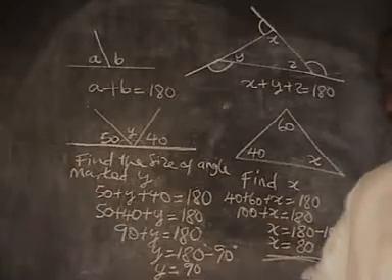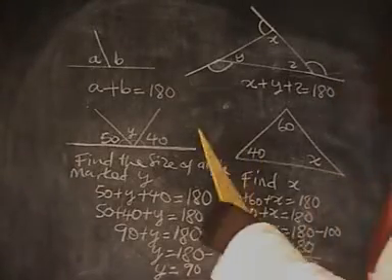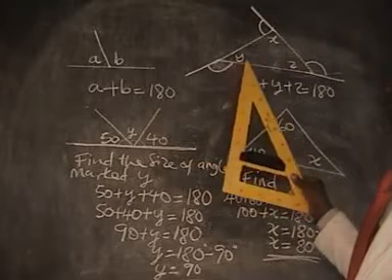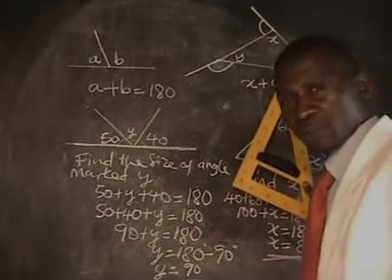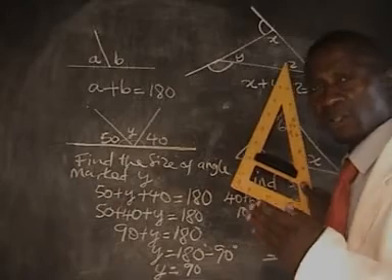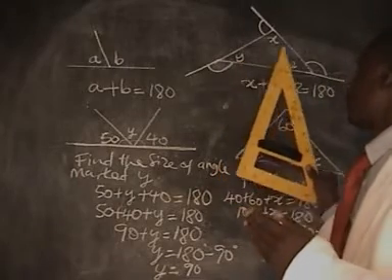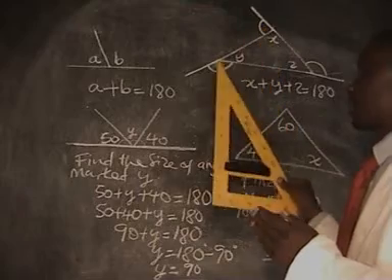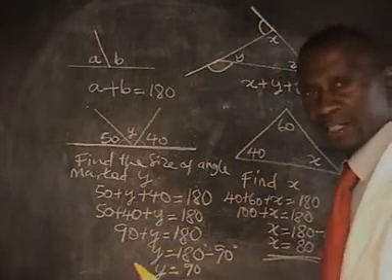These 3 angles which are formed are the exterior angles. Mind you, x, y, z are interior angles because they are found inside the triangle. But those which are outside, formed as a result of extending or producing a line, are said to be exterior angles.